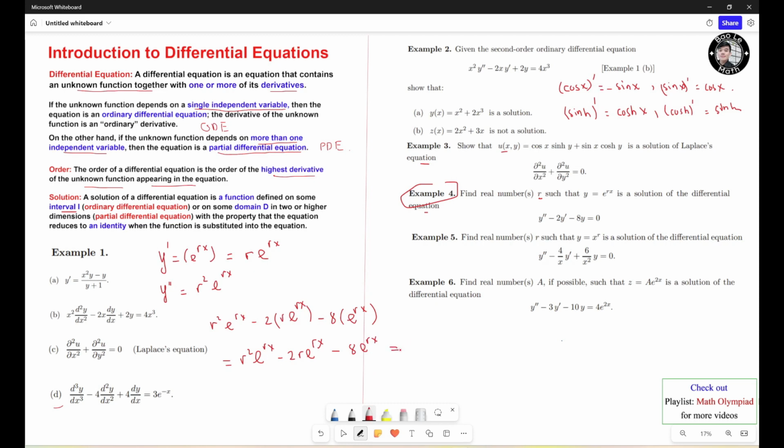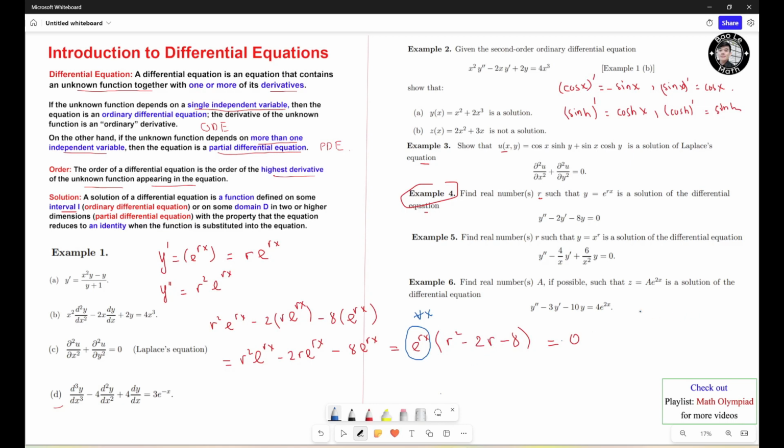Alright, now we factor e to the rs out. So it turned out to be r squared minus 2r minus 8 equals 0. We know that e to the rs is always different from 0 for all values of s. So if this guy multiplied by this guy equals 0, only this guy equals 0. Now we need to factor this one.